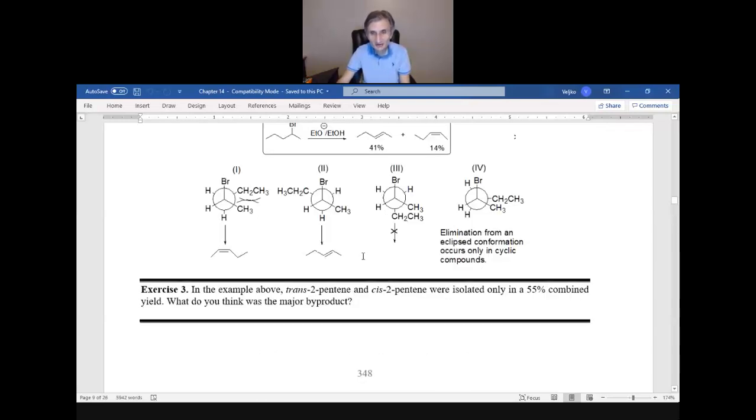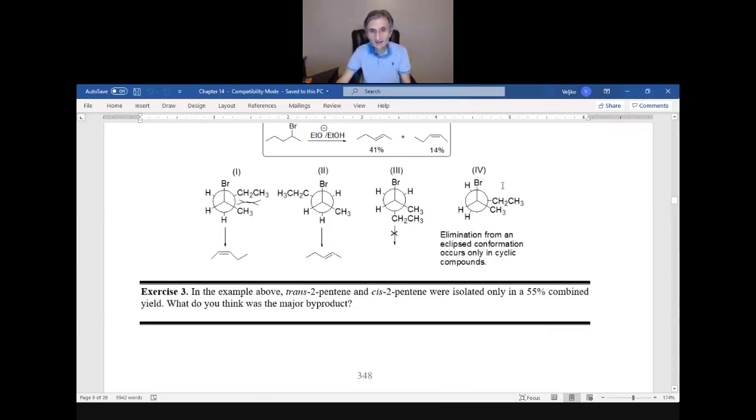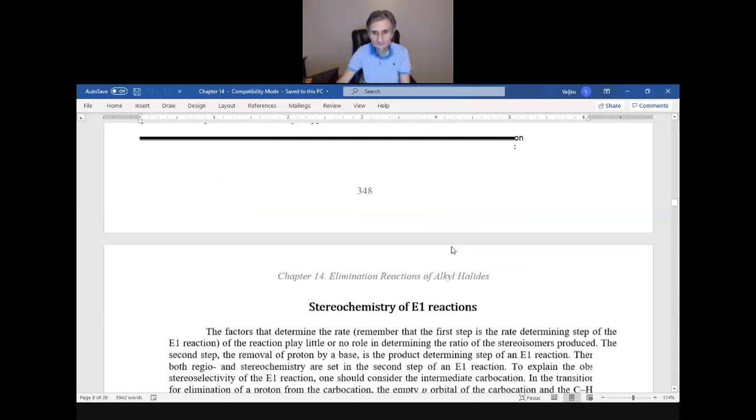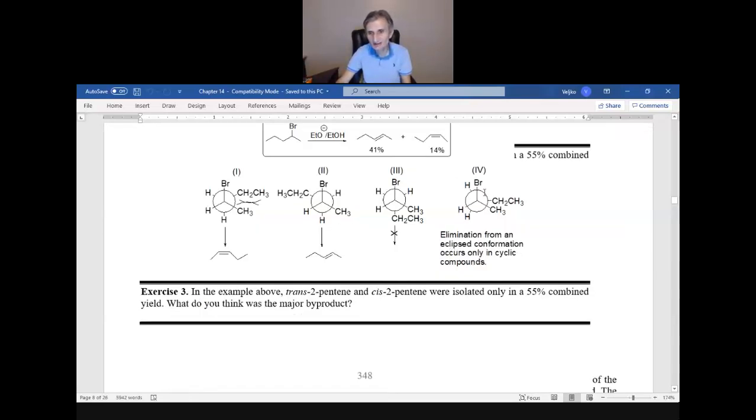And again, here in the summary, we have 4 different candidates: cis, trans, no reaction, and reaction only in very rare cases. In case 4, we don't have a choice of cis or trans, because usually for some reason rotation is not possible, and then whatever the arrangement is, elimination occurs.